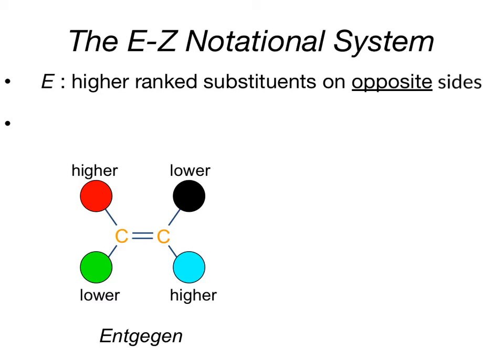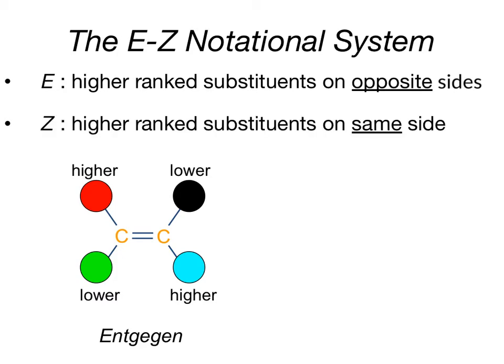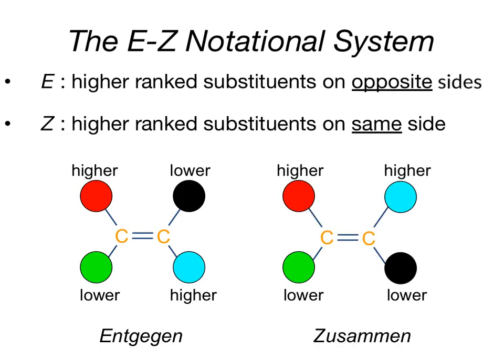And if E is when the highest priority substituents are on opposite sides, then it would make sense that Z is for when the substituents are on the same side. And so it might look like this, where my two higher priority substituents are on the same side of the alkene. And this is short for zusammen, which means together in German, where these names originate.